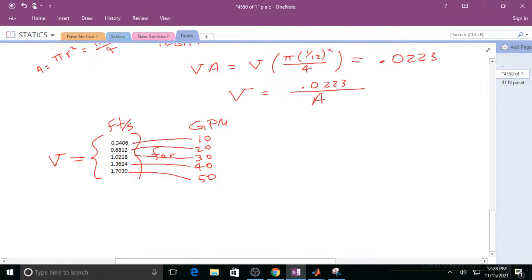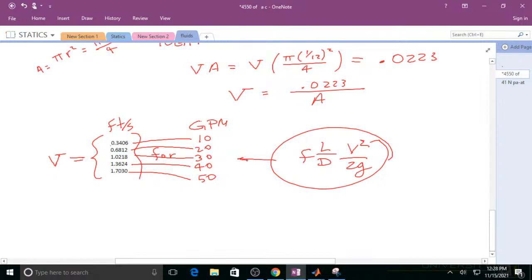So now what I need to do is find f L over D, V squared over 2g, the loss in the pipe system for each of these flow rates. And that's easy enough because it's 230 feet of pipe, diameter 1/12, velocity.